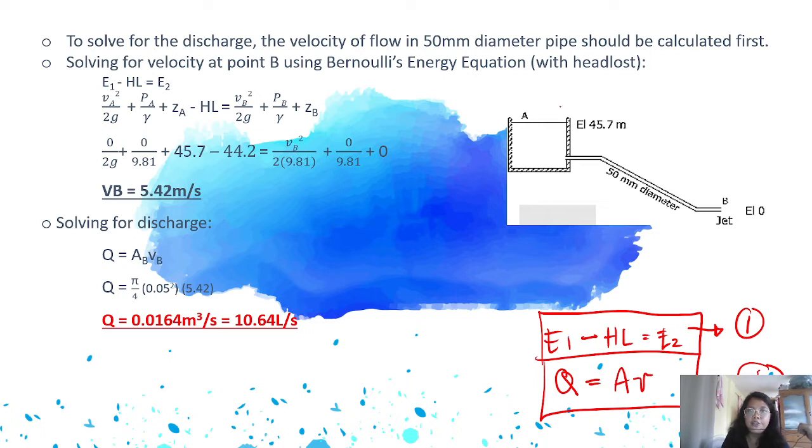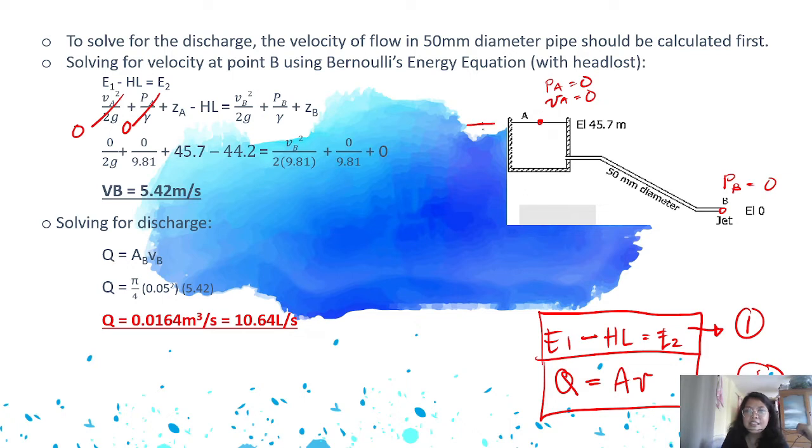Now, sabi ko, yung velocity at A is 0, pressure is 0, tapos sa point B, pressure is 0. So, automatic 0 to, no? So, meron kang 0 value ng velocity, meron ka ding 0 value ng pressure, sa ZA lang.